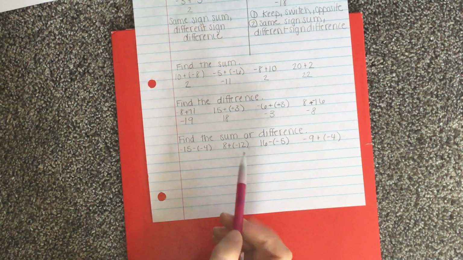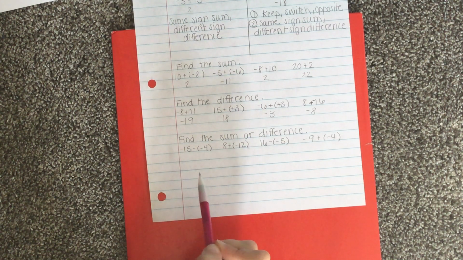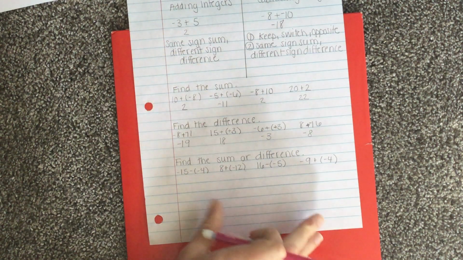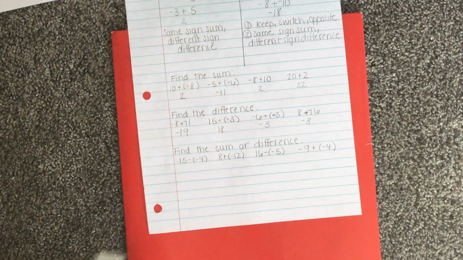This is a mix of adding integer problems and subtracting integer problems. So make sure you're looking at the problem before you automatically do one of these. Push pause and try this now.